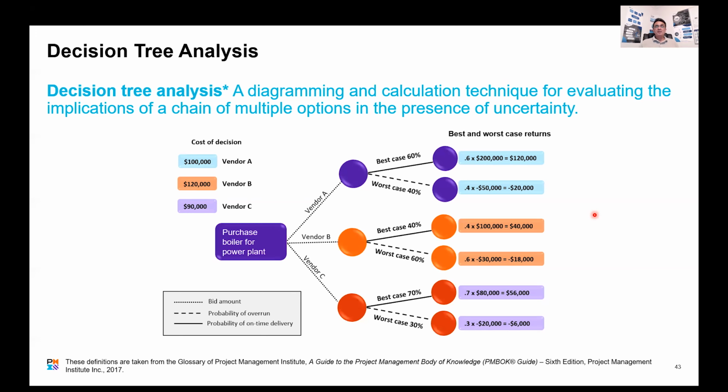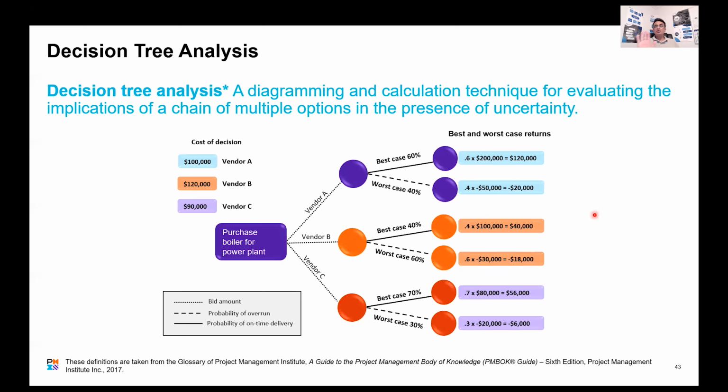If you look at vendor B, the best case scenario is, based on again historical data, there's a 40% chance of 100K profit, but there's a 60% chance that we will incur a loss of 30K. Similarly, best and worst case scenario for vendor C.